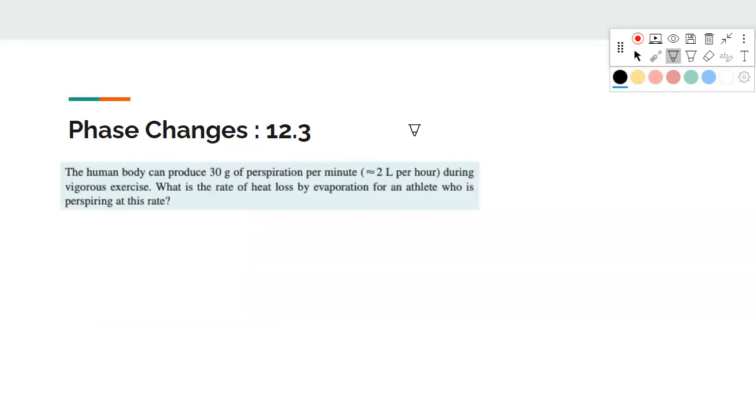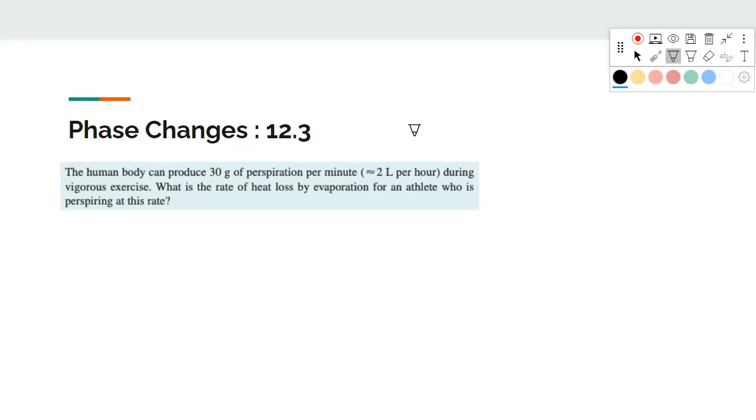So dogs like Charm pant to stay cool, but even animals that don't pant, when they breathe out the moist air, they take advantage of the fact that the liquid is transitioning to a gas to cool off, because that can suck up some energy without requiring a change in temperature.